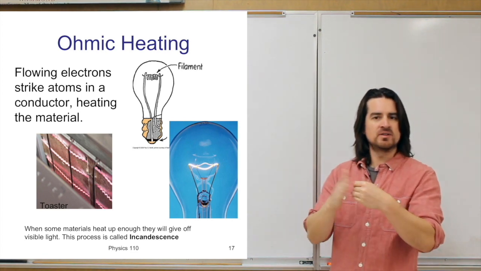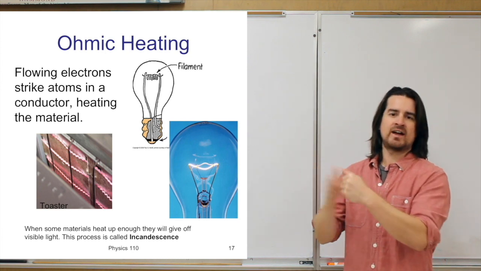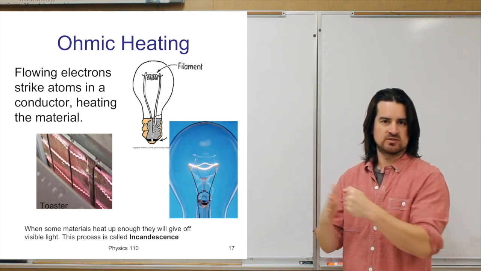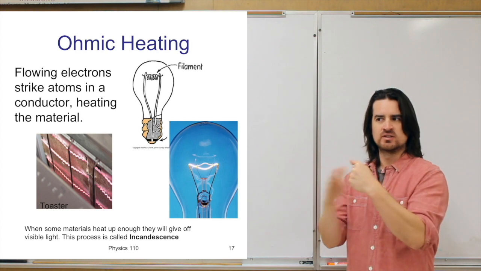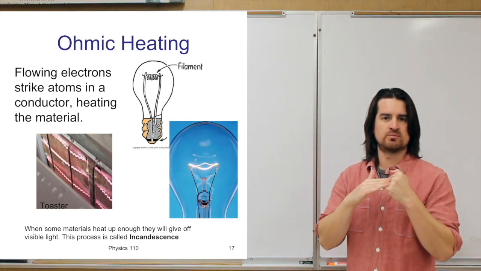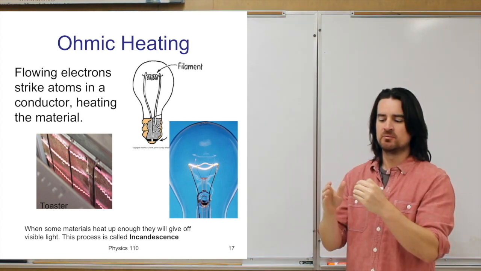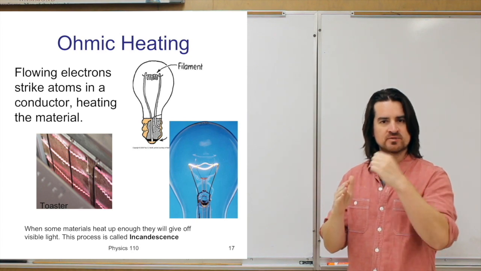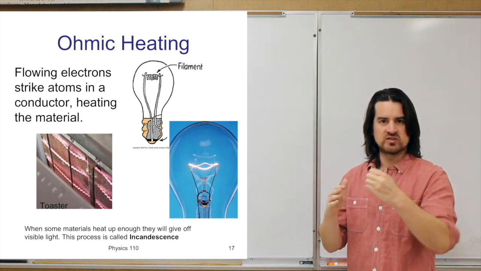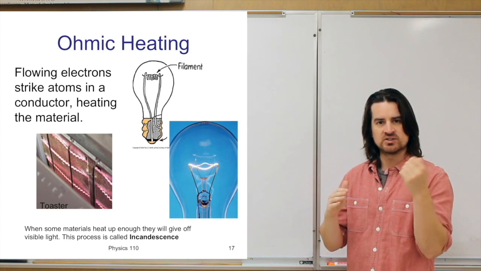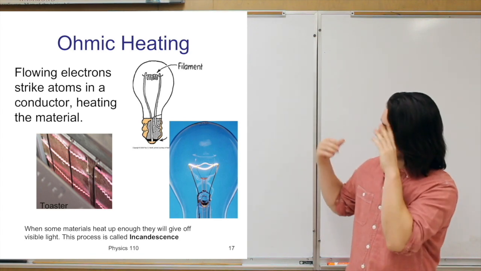And when electrons bump into things, they give energy to those things. As electrons hit atoms or molecules in the material they're moving through, they give those atoms energy. Those atoms start moving more. What that means is that the atoms are heating up, increasing their temperature.